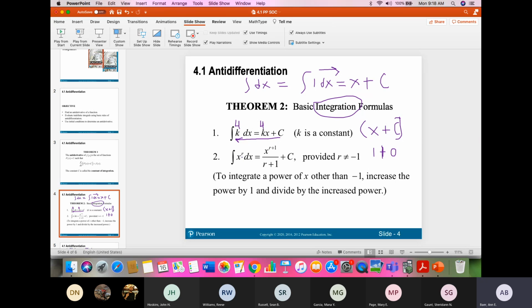When we differentiate x to a power, we subtract 1 from the exponent. So now that we go backwards, it makes sense that we're going to add 1 to the exponent.